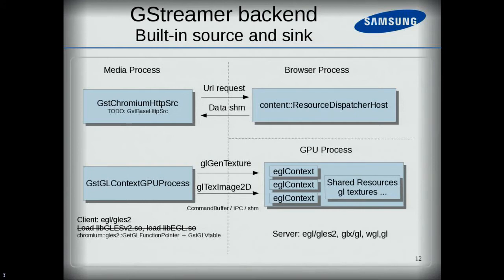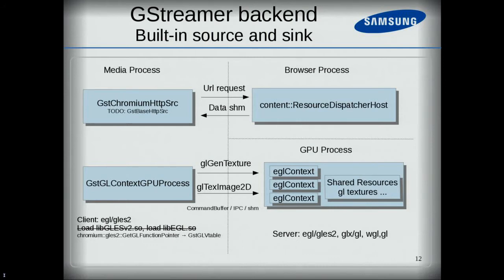It just looks up in the libGL shared library for all the names, gets the function pointers and builds a vtable on this. Here we don't allow loading this shared library, but Chromium provides you this lookup function, which is at the very bottom left, GetGLFunctionPointer. So we build our own vtable on this.